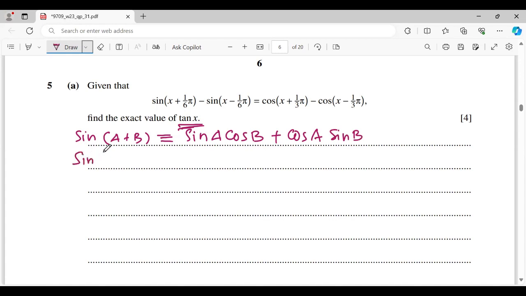Sine of a minus b is equivalent to sine a cosine b minus cosine a sine b.